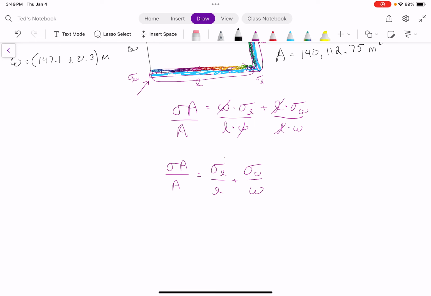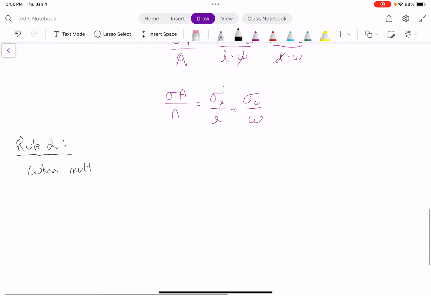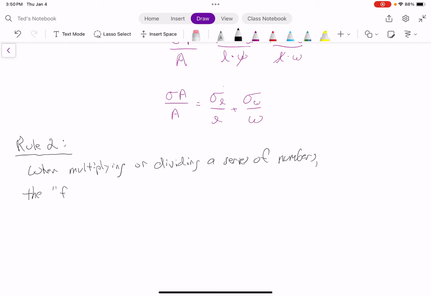So the rule number 2 says when multiplying or dividing a series of numbers, the uncertainty in the answer, we'll call this the fractional uncertainty, in the answer is the sum of the fractional uncertainties.